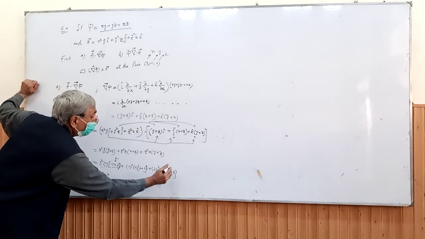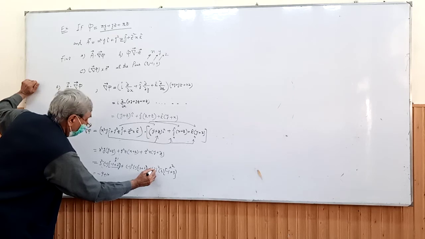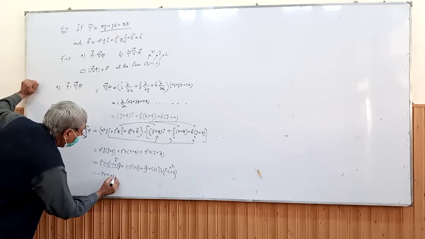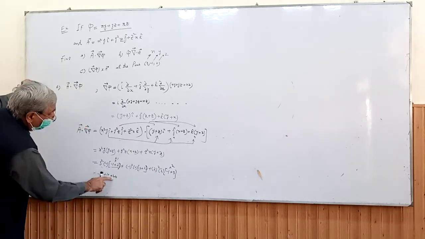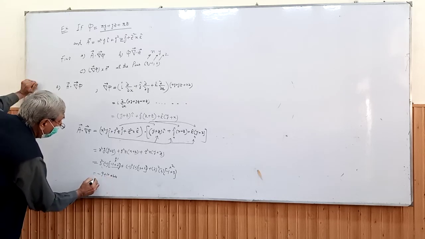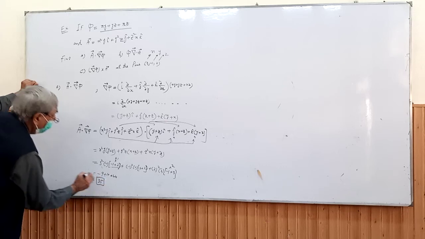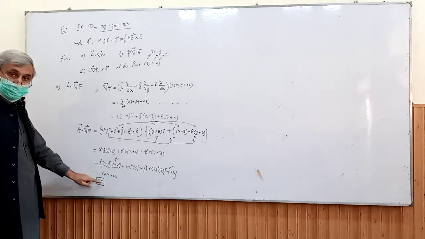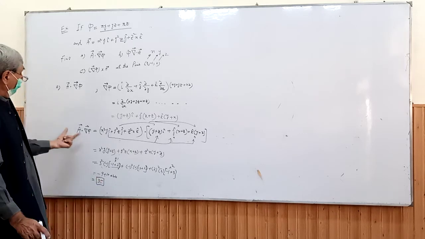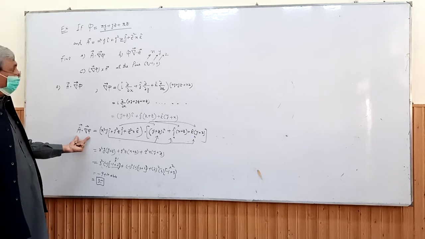Then 2 from here, 6 into 4, 24. So look, 34 minus 9. So answer is 35 with plus sign. This is a scalar quantity. It should be. Why? Because dot product of two vectors is scalar quantity.